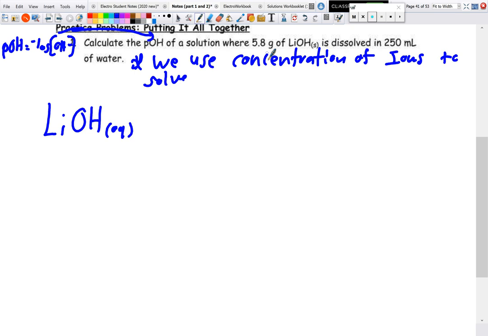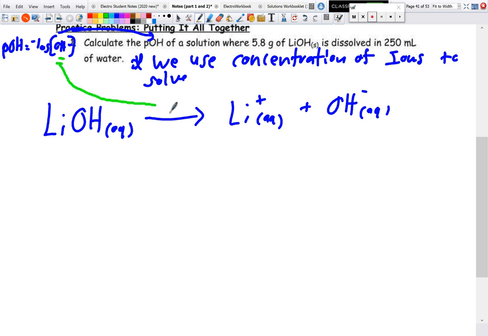So lithium hydroxide, being an ionic compound, will start off as a solid, but when we put it in water, it's going to dissociate into the lithium ion and the hydroxide ion. So this is why we need to do this concentration of ion step and figure out what the concentration of this particular ion is.